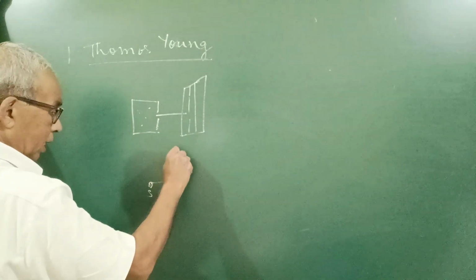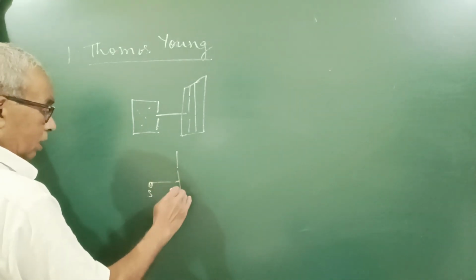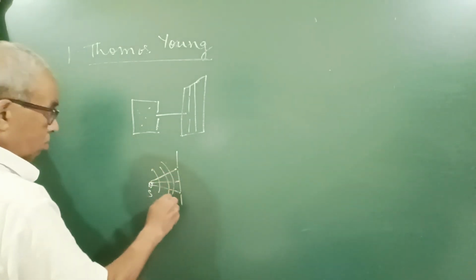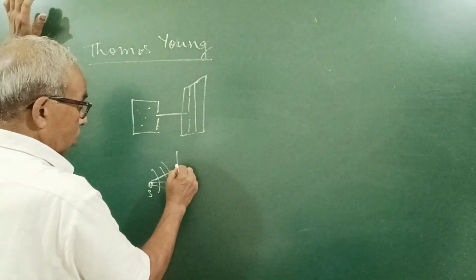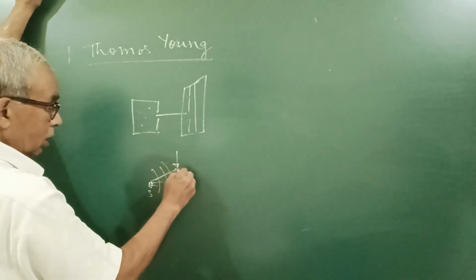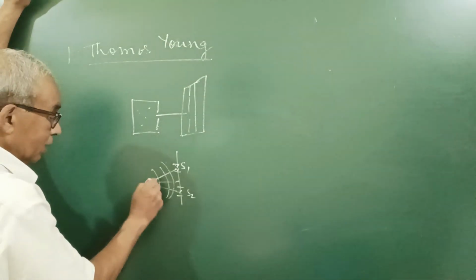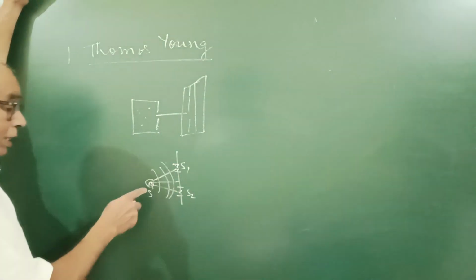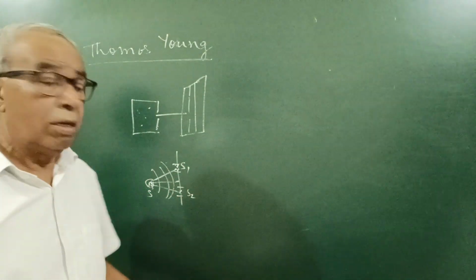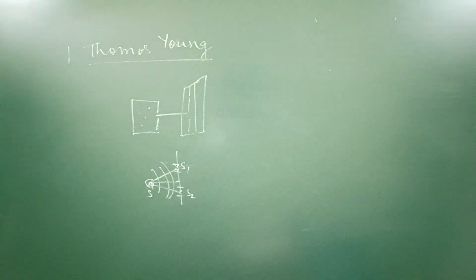And if I put here a screen and put two holes here, then these two slits will be illuminated by this light like this, because wavefront is there. So these two slits S1, S2 are illuminated by the same light. Phase may be changing here, but whatever change takes place, the same change takes place in S1 and S2, and hence light emitted by the two slits will be coherent.